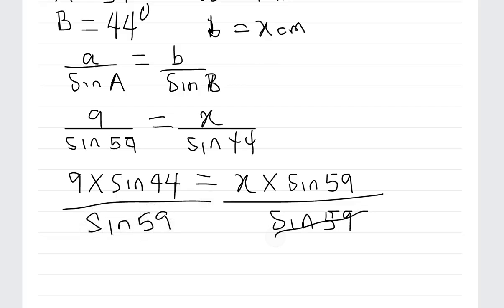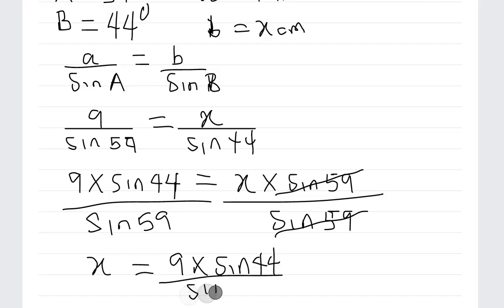So this one will cancel this, so that I will have x equal to 9 multiplied by sine 44 over sine 59. Are you seeing that now? On your calculator, you press sine 44.